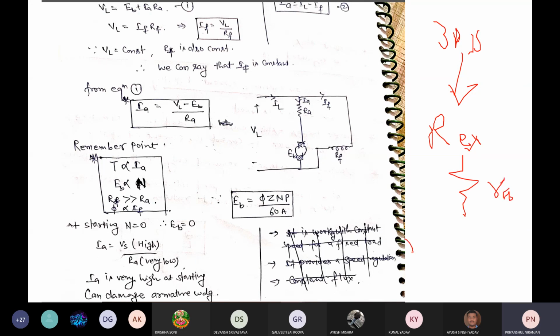The overall resistance of the armature is Ra plus R external.